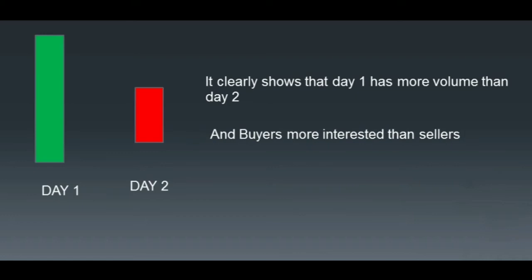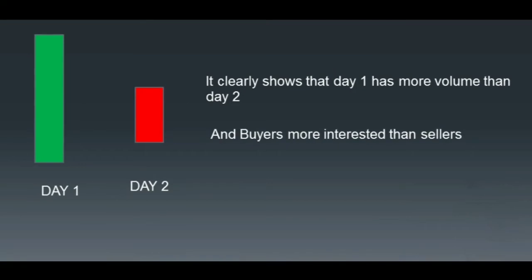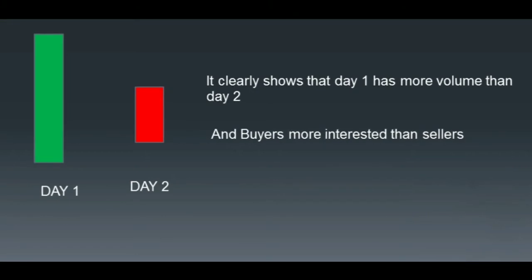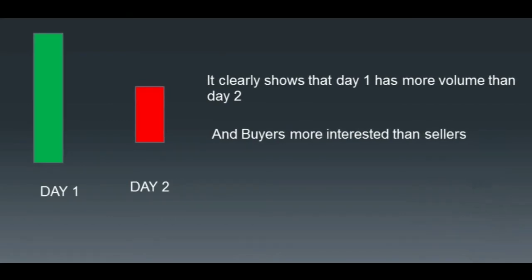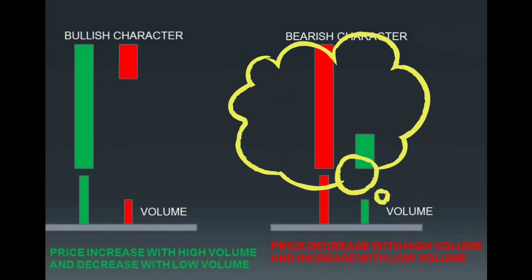We can observe directly from the size difference with the bullish candle of day 1 compared with the narrow candlestick size of day 2 to show that day 1 had more volume in terms of buyers compared to day 2 that had a smaller volume, a bearish move.